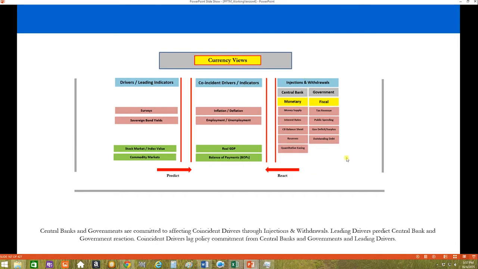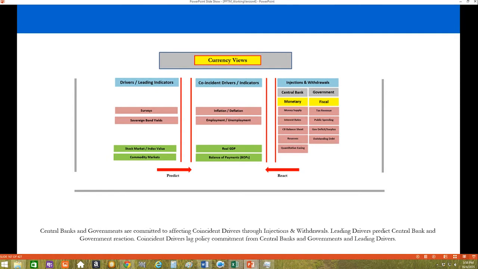We must understand that these drivers here are reactionary, and we must understand that these are coincident indicators that don't tell us what's going to occur in the future, but give us a very good snapshot of what's happening right now and what these guys could possibly be doing in reaction to leading indicators that predict in the future what's going to happen here. So we keep this flow in the background and we understand the flow of the drivers.